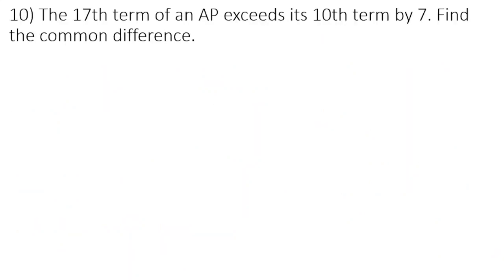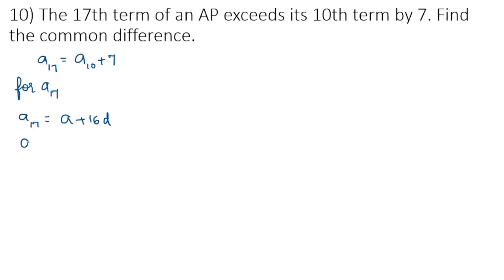This is the last question, and afterwards we are going to stop. The 17th term of the AP exceeds the 10th term by 7. Find the common difference. We just have to find the common difference of this. For A17 we write the formula: A17 is equal to A plus 16D.